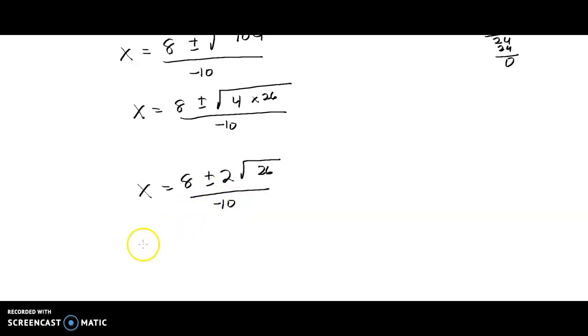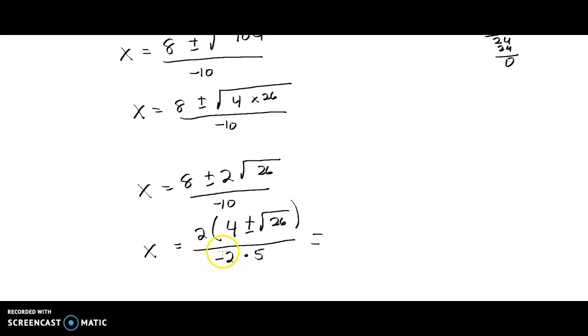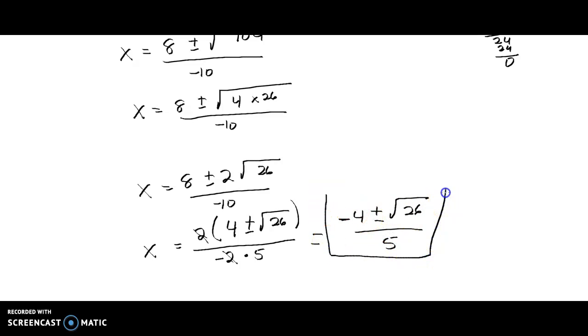And I want to simplify this further, so I can factor out a 2, so 2 times 4 plus or minus the square root of 26 divided by negative 2 times 5. My 2's will cancel. I'm going to go ahead and just put the negative in front. So I have negative 4 plus or minus the square root of 26 divided by 5. And that is my answer for the solution for this problem.